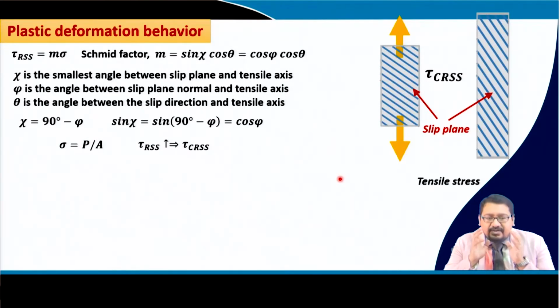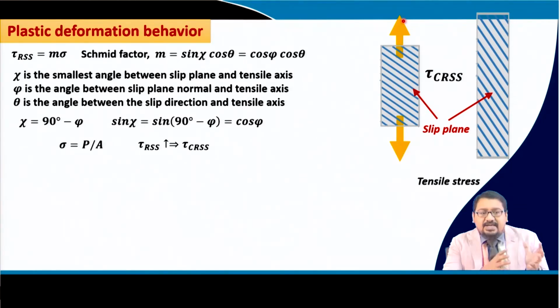So, if we look into the plastic deformation behavior for a single crystal, say for example, and if we say that yes, this is the sample that we had and this is a single crystal, and we tried to pull it by a tensile loading, and say that these are the certain slip planes which start to get activated.